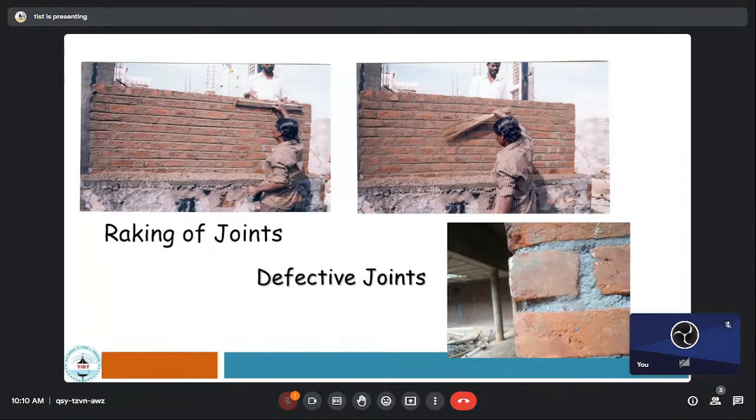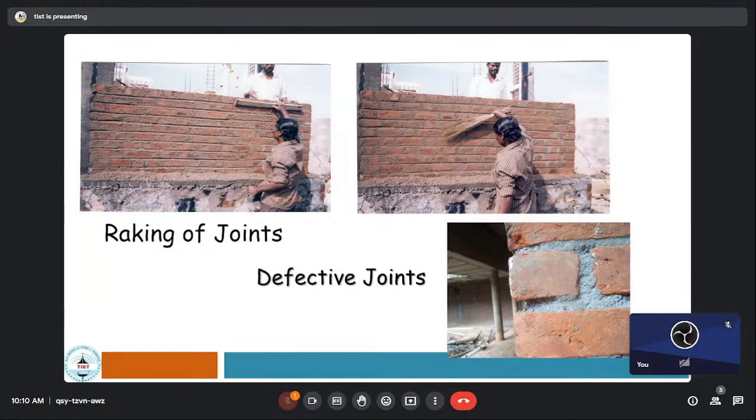How did it happen? After making all this brick masonry, two things happen. The brick was not soaked. As soon as you place the mortar, whatever water is present in the mortar will be absorbed by the bricks. So the mortar gets weakened.